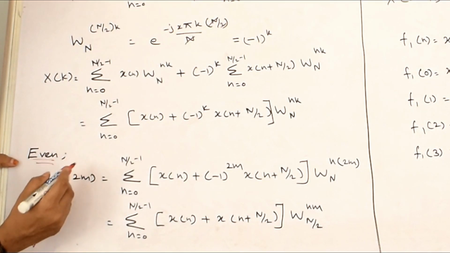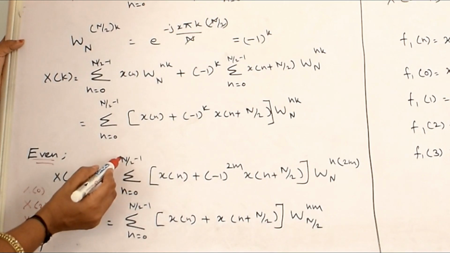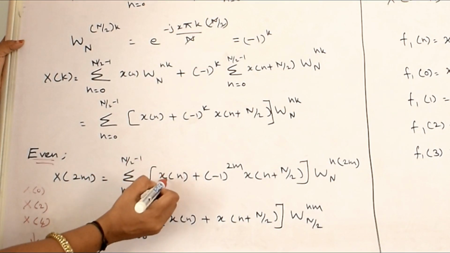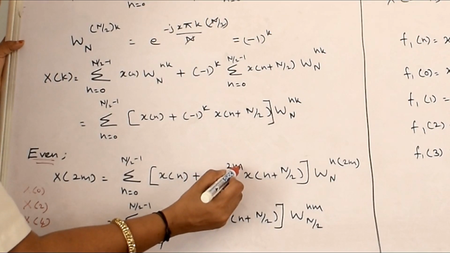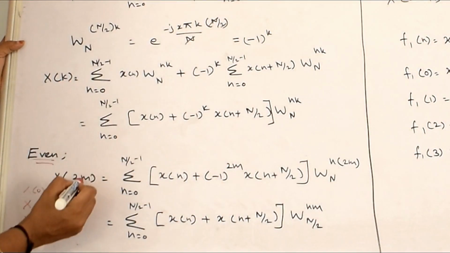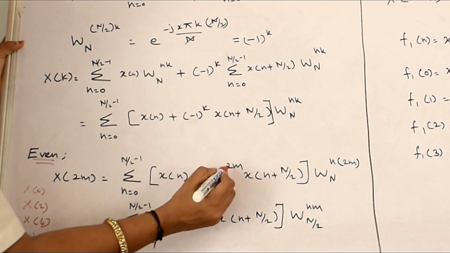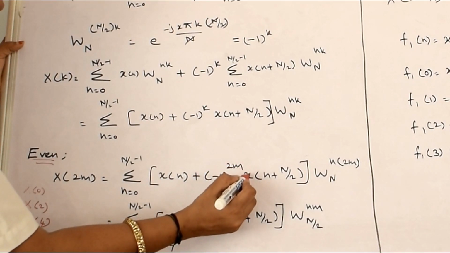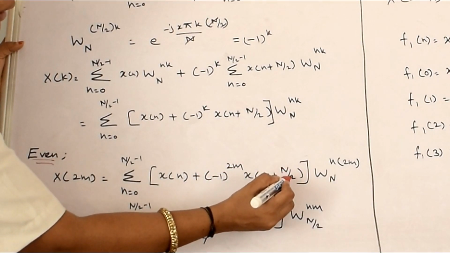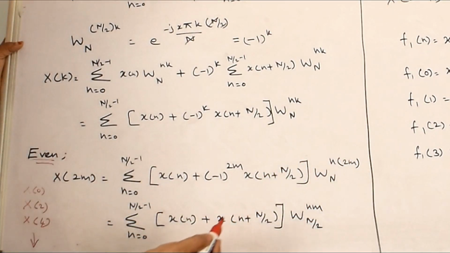So for even, x of 2m is equal to summation n equal to 0 to N by 2 minus 1 x of n plus minus 1 power k x of n plus N by 2 into W_N power nk. Instead of k I am substituting 2m, so minus 1 power 2m into x of n plus N by 2 into W_N power n into 2m.